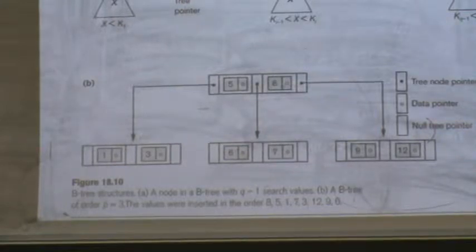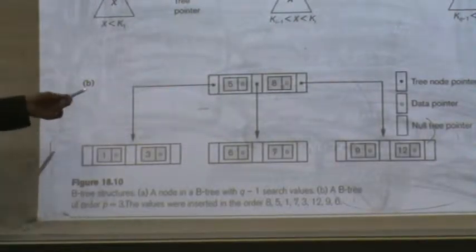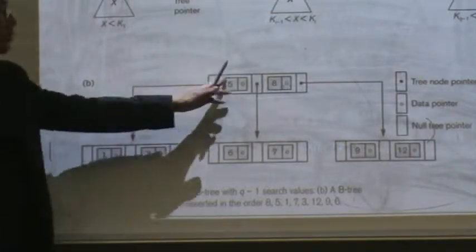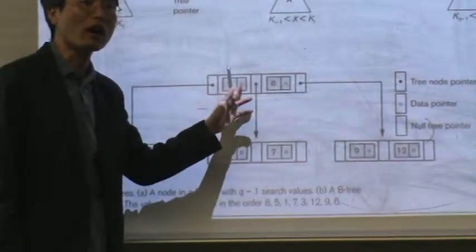How can we address such a problem? Any idea? A binary tree? We do not have a binary tree. It is balanced, but not fully balanced. Why don't we make a fully balanced tree, which means all nodes are on the lowest level? So this one has the data pointer.